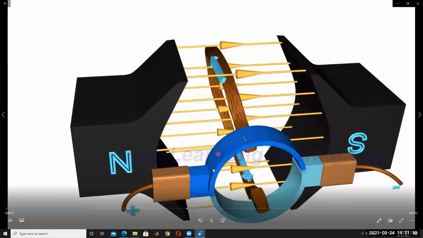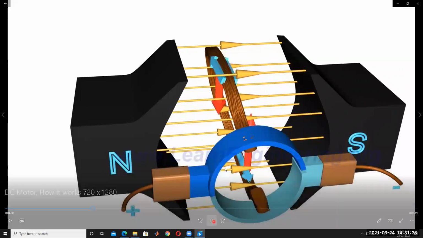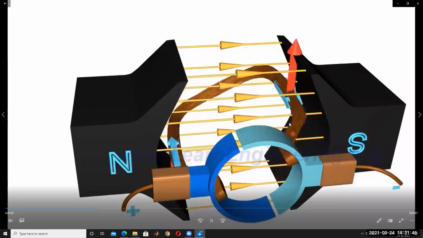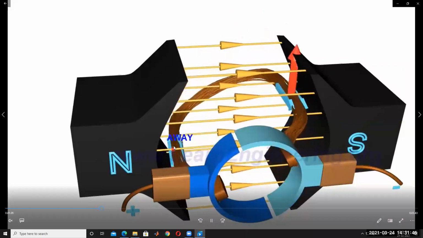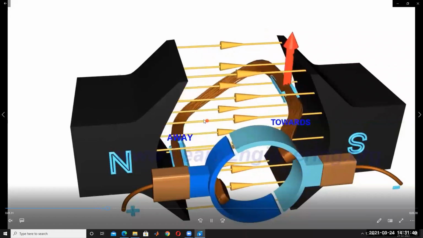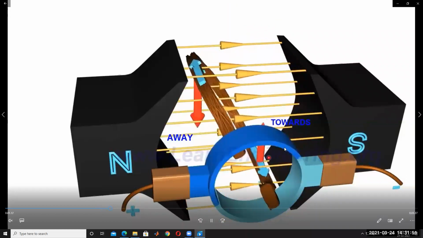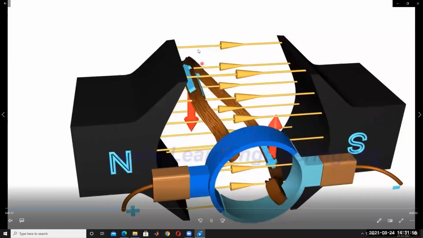Before, the current was in this direction, and when it comes to here, the current direction is reversed. In the same conductor, the current direction is changing.